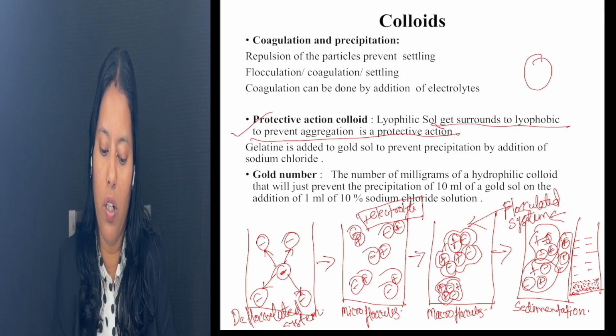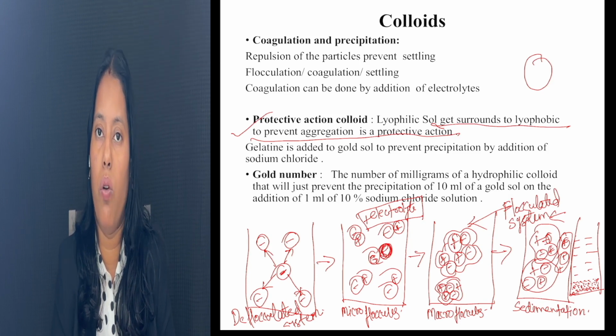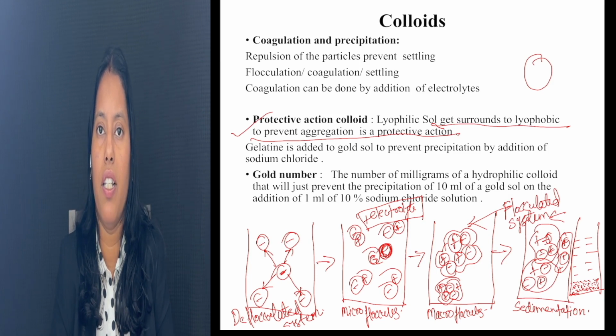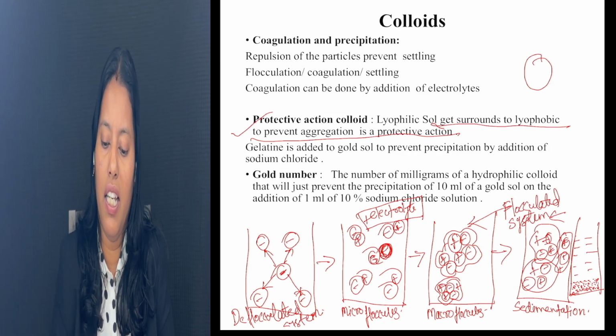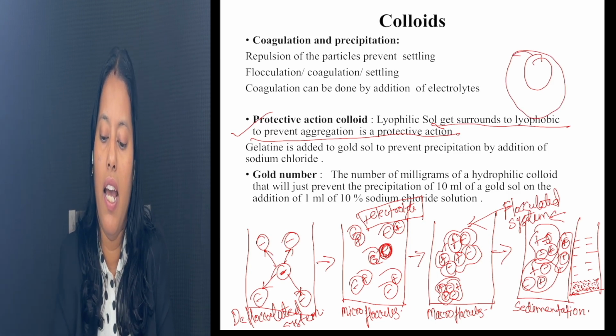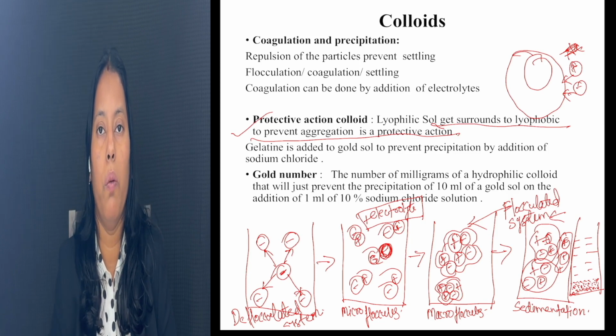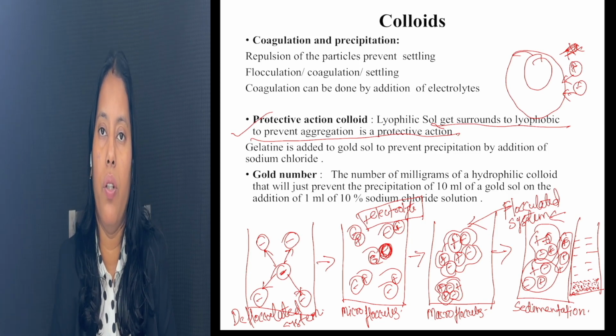This is the gold particle and this is the electrolyte from the sodium chloride; they counterbalance each other and hence lead to the flocculated system. But when you add gelatin, this gelatin molecule forms a layer around this gold particle. So it prevents the interaction of this electrolyte molecule with the gold particle and gives the protective action.